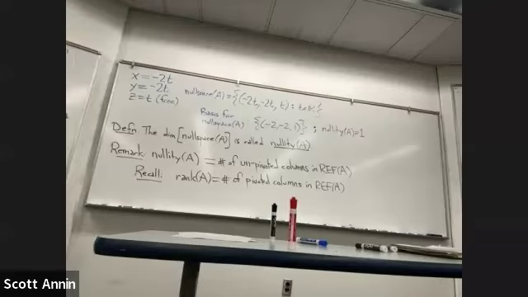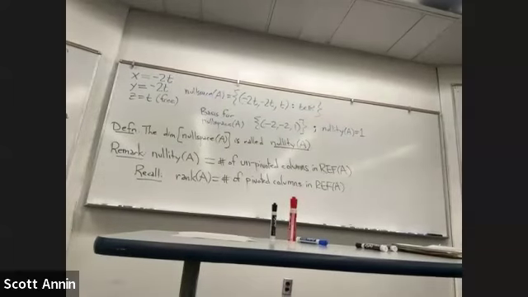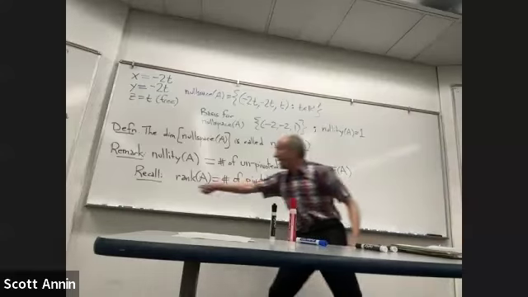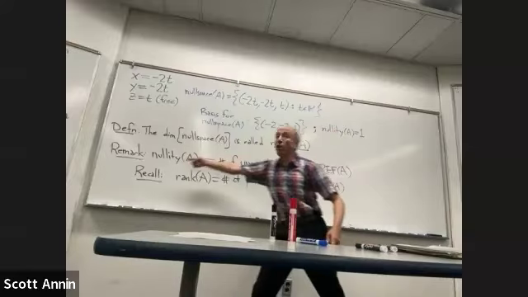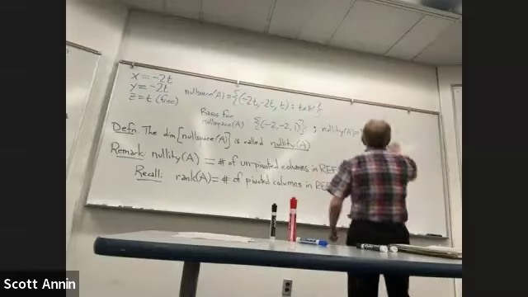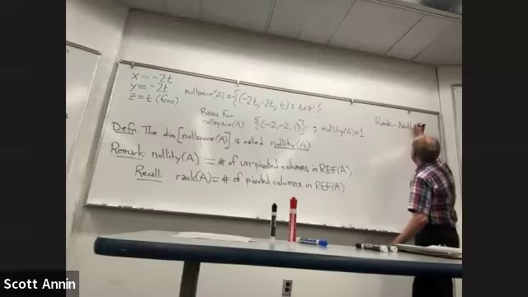But in total, if I add up all the pivots to all of the non-pivots, I'm gonna end up with all of the columns, right? Every column is either pivoted or unpivoted. So you know what? If you add up the rank to the nullity, you have to get all the columns of your matrix. It is the famous and easy theorem called the rank nullity theorem.